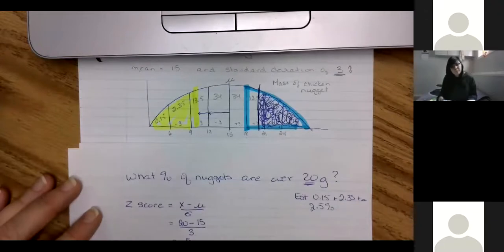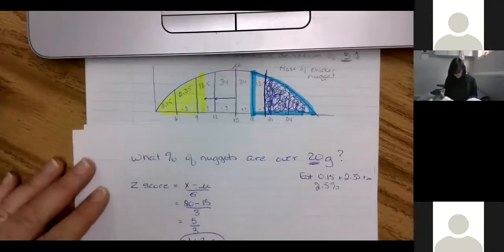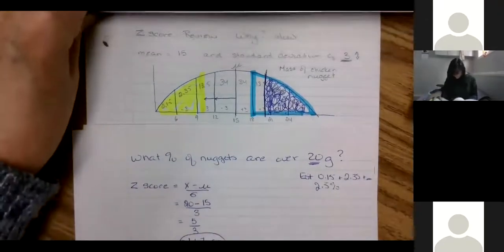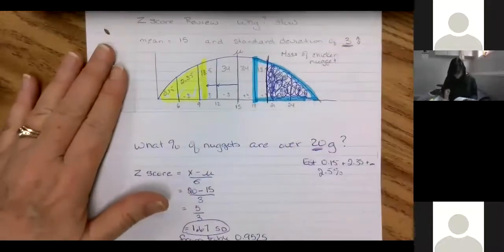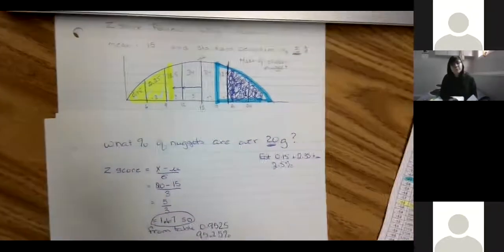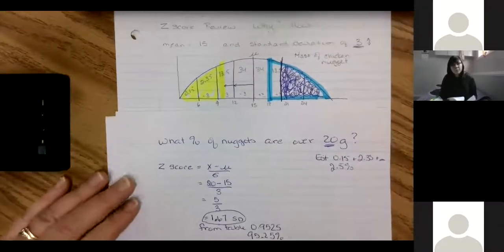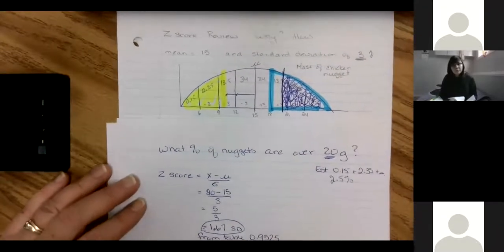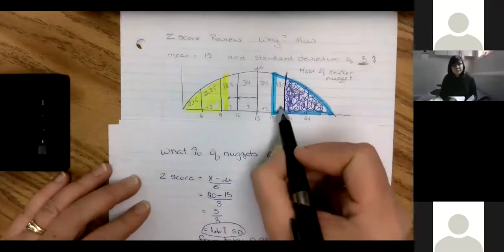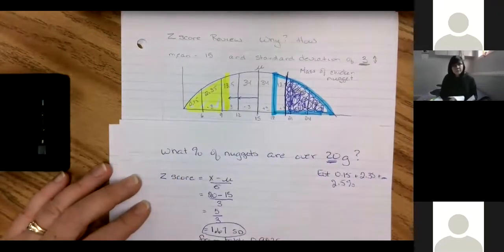So this 95, move that out of the way, give me more room. There, that 95 we just got, you know what? That's everything less than what we want.